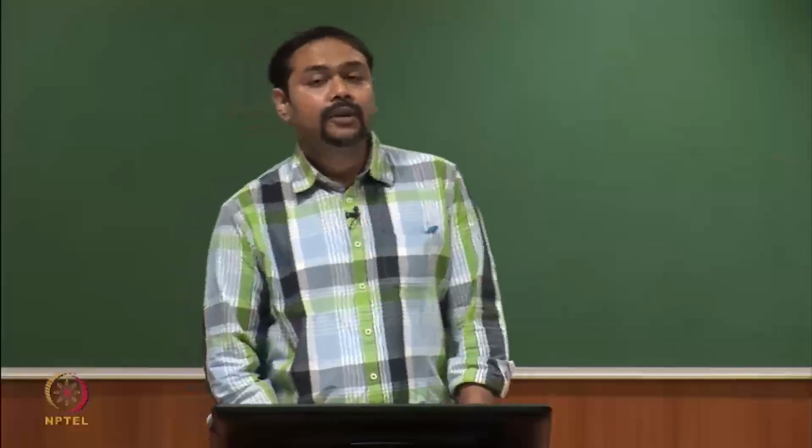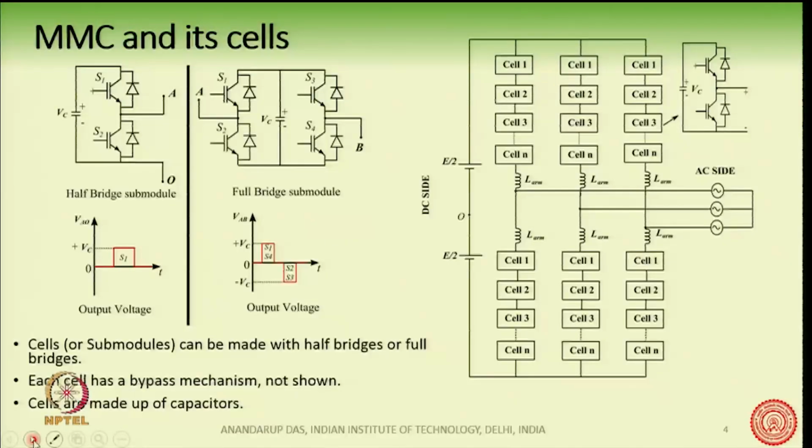Now, in the cascaded H-bridge, we have seen cells being connected. When we talk about HVDC application, for which MMC is very suitable, we are now talking about hundreds of cells connected in series. For example, at plus minus 400 kilovolt and say 800 megawatt of HVDC application, we can connect hundreds of cells in cascade in an MMC converter.